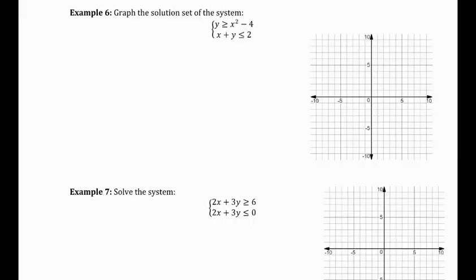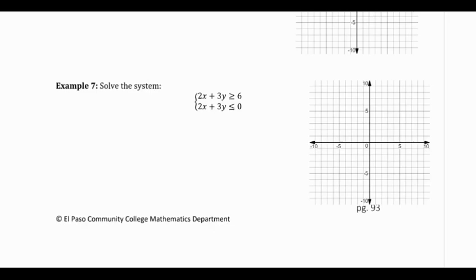For example 6, this one you can go ahead and try it out. For example 7, again, we're going to graph both of the lines using the slope-intercept form. So for the first one, we have 2x plus 3y equal to 6.